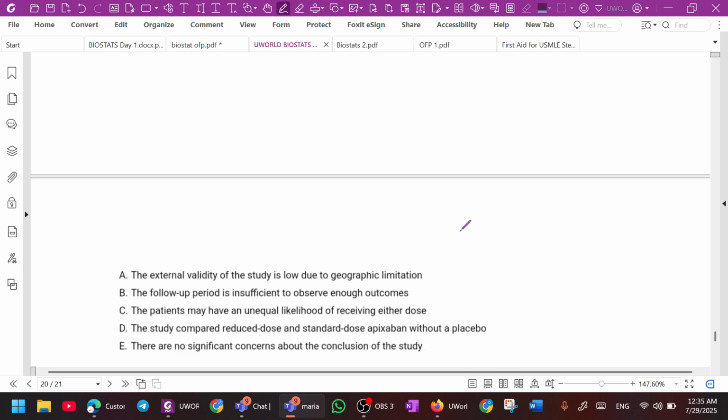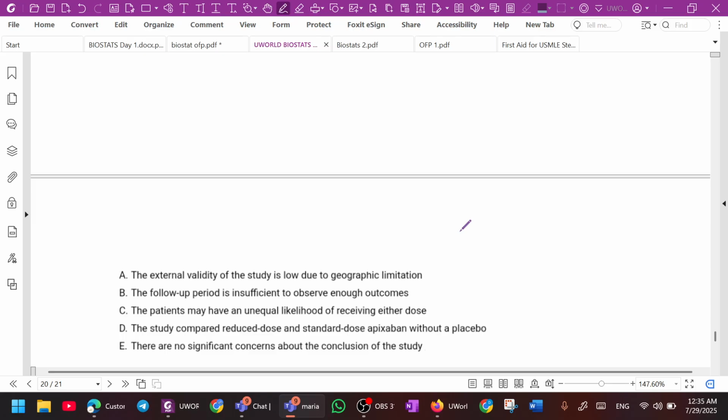But they did it in Michigan. Michigan is a big state, so I think it should be fine. Why is it not? Yeah, I guess that's fine.